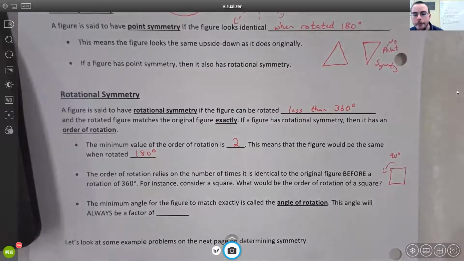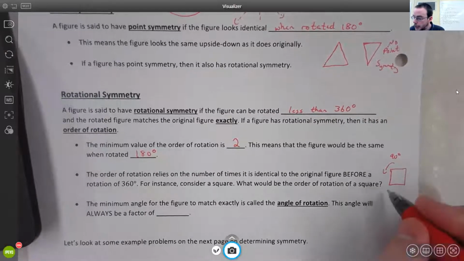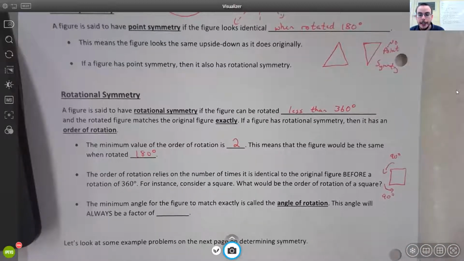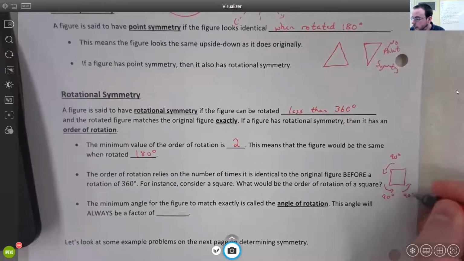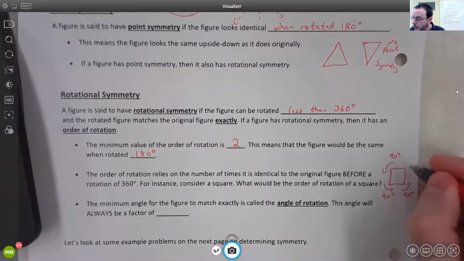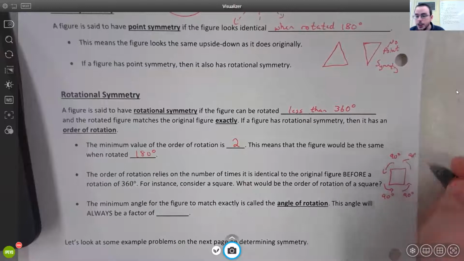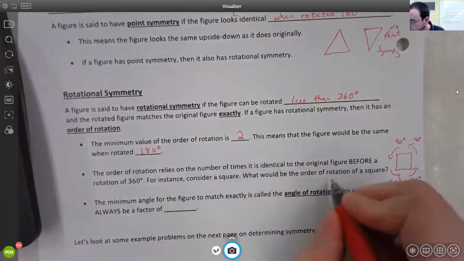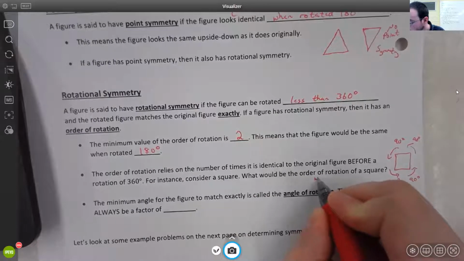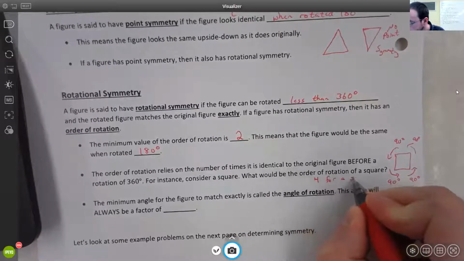So that's 1. Okay, well, you could rotate it another 90 degrees, which is a total of 180, so that's 2. And then you could do another 90 degrees, that's 3, and then you could do another 90 degrees to get back to 360, and that's 4. So the order of rotation would be 4 for a square.